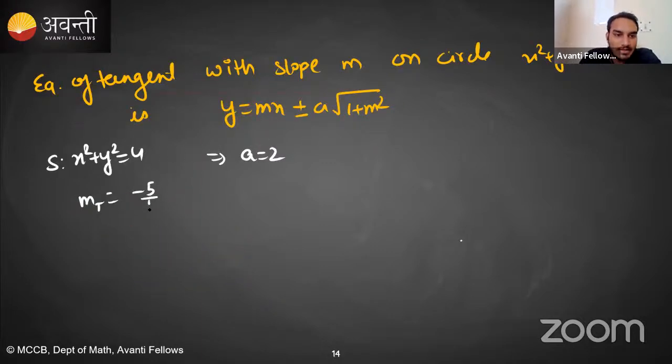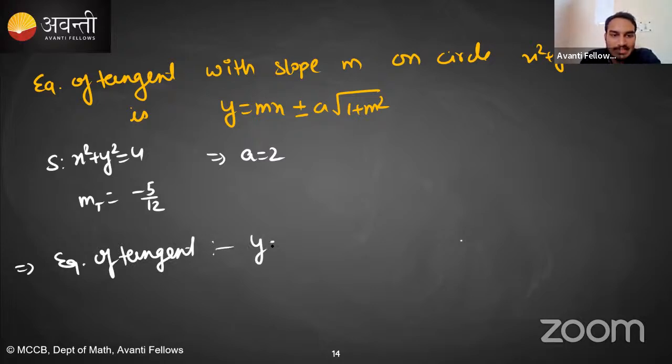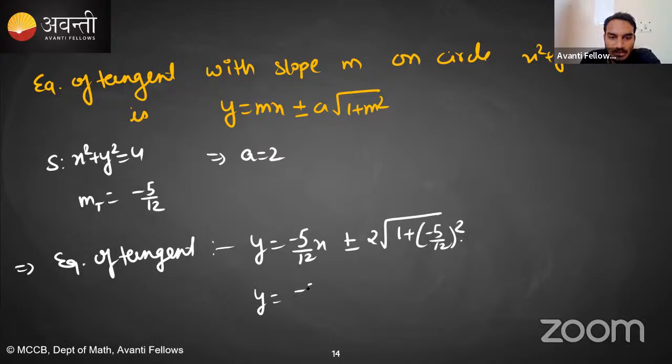So the equation of tangent is y is equal to mx plus minus a under root 1 plus m square, with minus 5 by 12 whole square. So this is y is equal to minus 5x by 12 plus minus 2 times under root of 1 plus 25 upon 144, right?